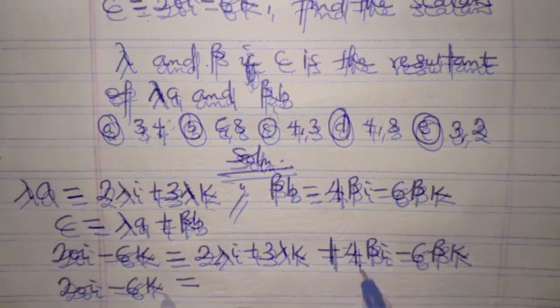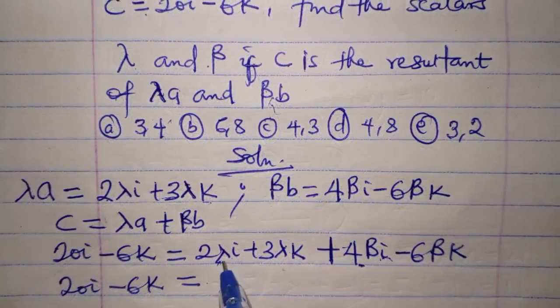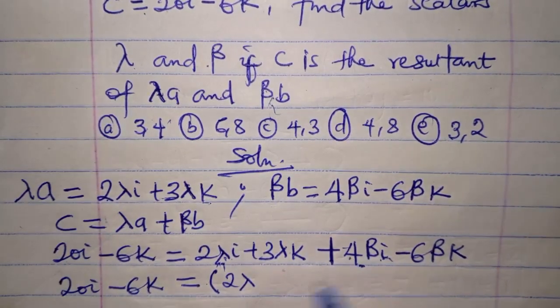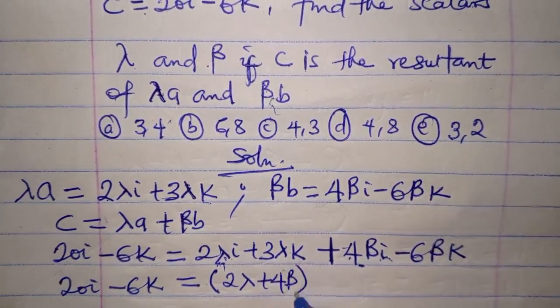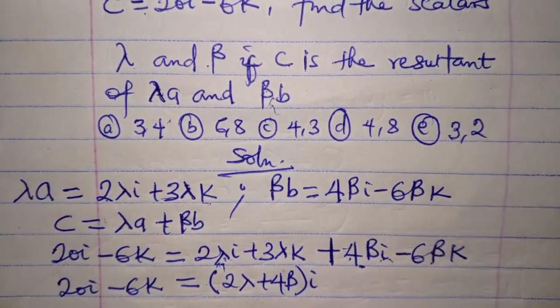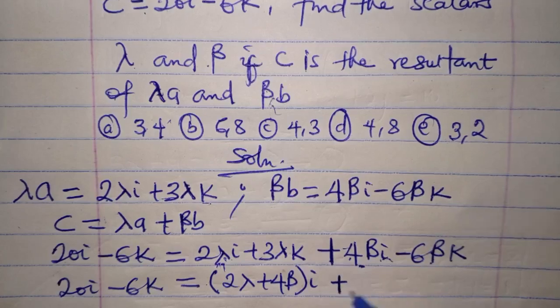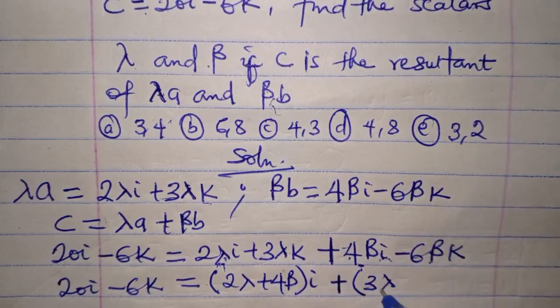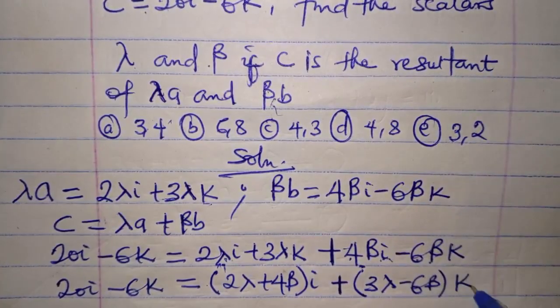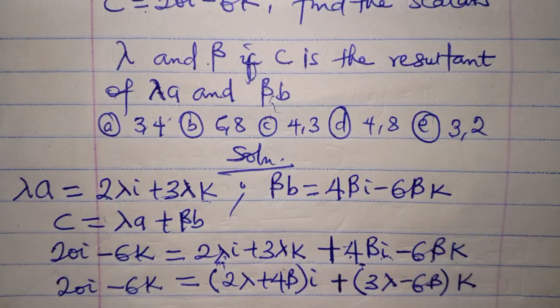I have two terms in i here. So I can say this is 2 lambda plus 4 beta i. This is 3 lambda k minus 6 beta k. So I can say plus 3 lambda minus 6 beta k. I will now compare coefficients.